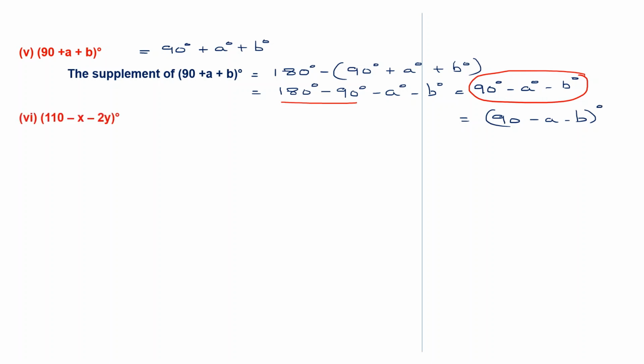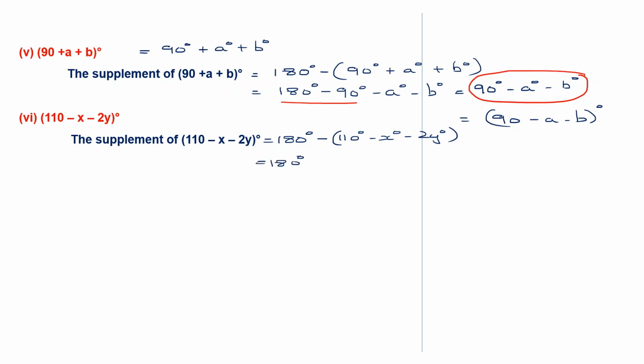Next one, the supplement of what was given to us in brackets here. So let's write that. The supplement of this will be 180 degrees minus, in brackets, 110 degrees minus x degrees minus 2y degrees. Now when you remove the brackets, see the sign is minus, so change all the signs inside: 110 plus x degrees plus 2y degrees.